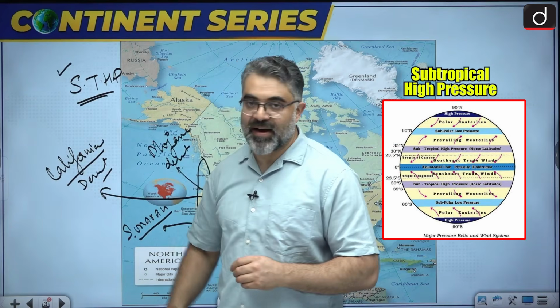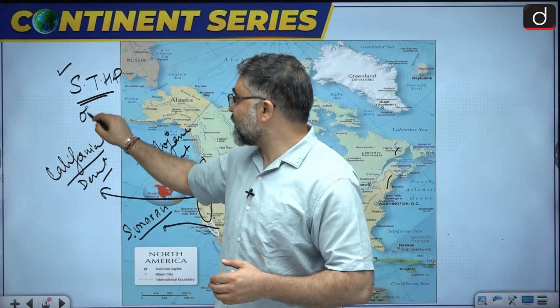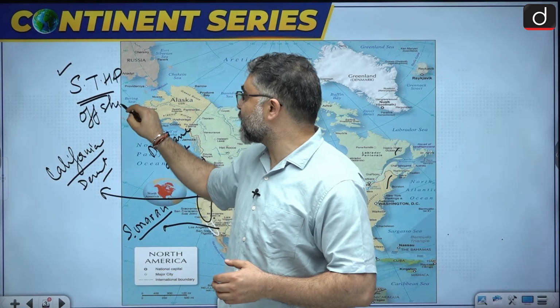They do not support the rainfall. So, one of the reasons that most of the deserts in tropical areas are between 20, 25, 30 degree latitude is because of presence of this subtropical high pressure. Apart from that, here on the western side, there are offshore winds.